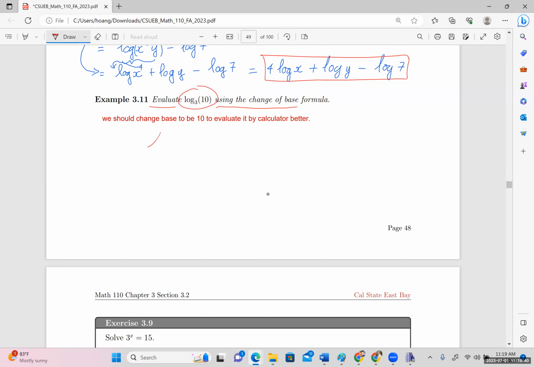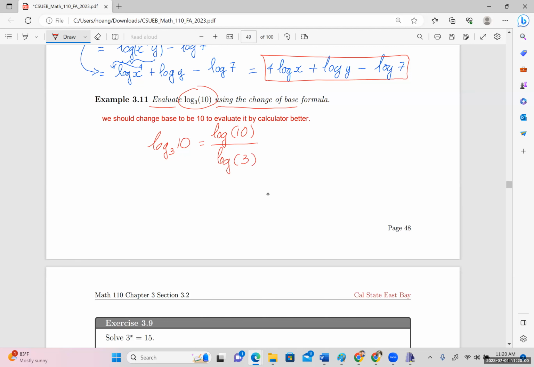So we have log base 3 of 10 can be rewritten as log base 10 of 10 divided by log base 10 of 3.